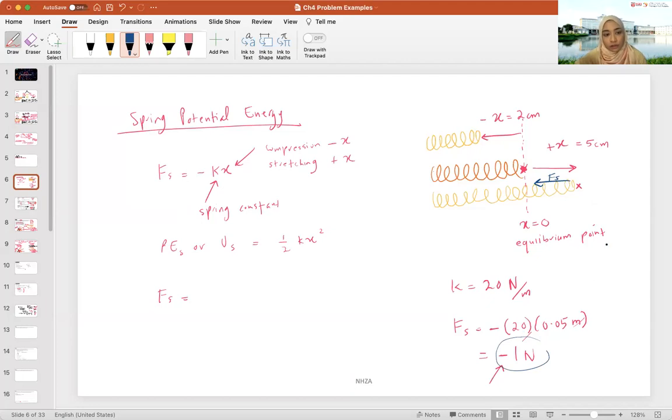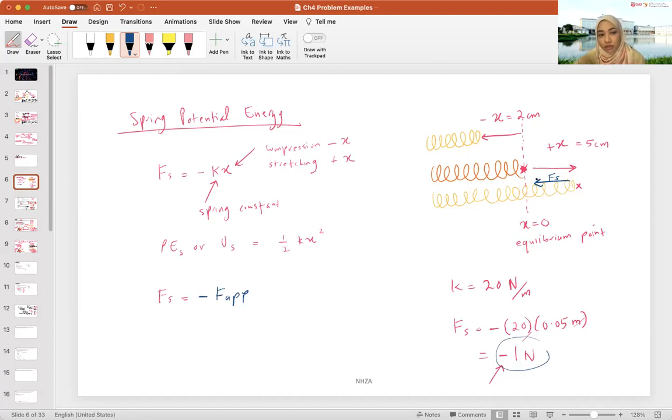Okay, so this is for Fs. I also mentioned to you that Fs is equal to the minus of F applied. What is F applied? F applied is when I, a human, am stretching the spring, I'm applying a force on the spring. So it is equal but in opposite direction.